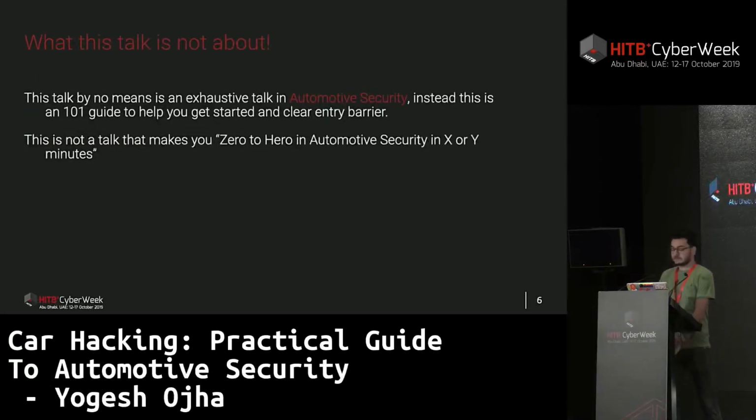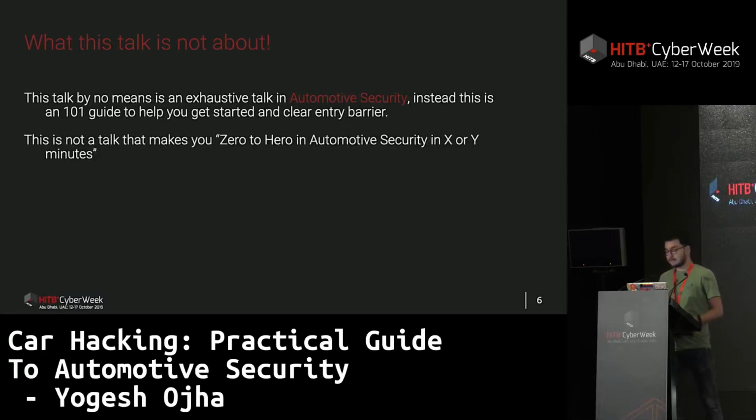Little disclaimer: this talk by no means is an exhaustive talk on automotive security, because automotive security is a really broad term. This is just about CAN exploitation. This is a 101 talk to help you get started with car hacking and to clear the entry barrier. So if you already have knowledge of car hacking and CAN bus exploitation, then there's very little that you might be able to learn from here.